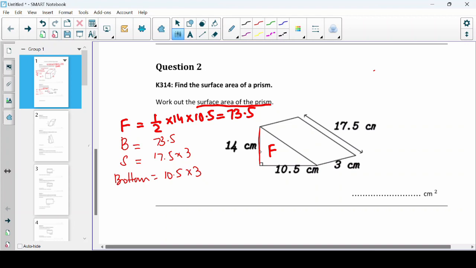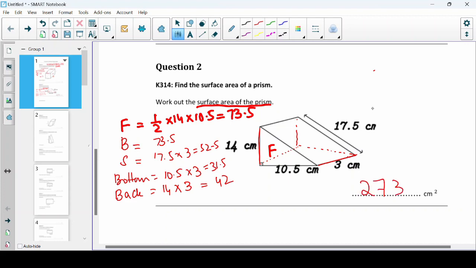So the back side, 14 is this height, and its length is 3.5, so 14 times 3.5, plus 73.5. This gives us 273 centimeter square as the area.